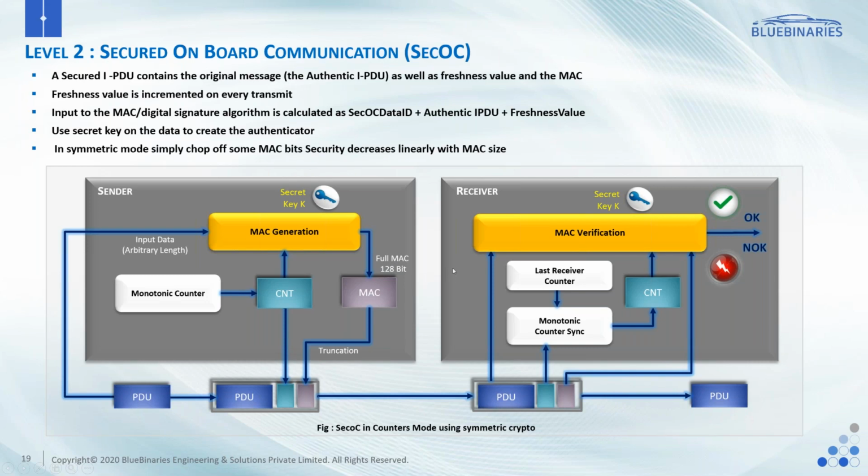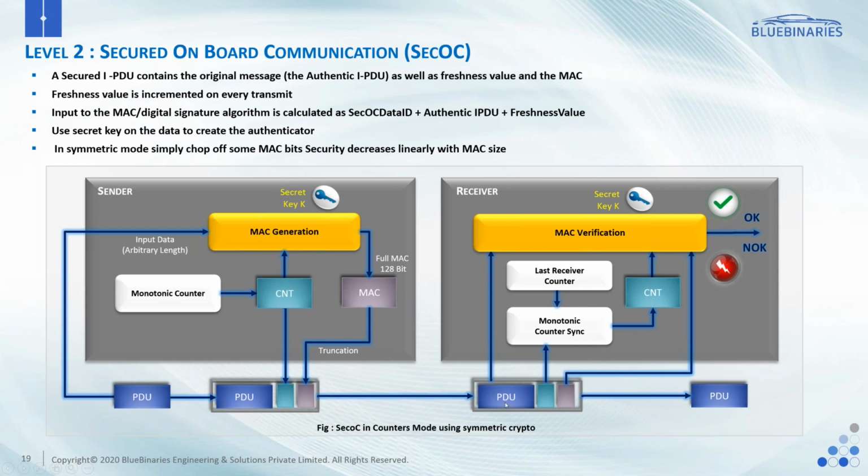So the receiver first generates a freshness value, sends that freshness value to the sender. The sender would use this freshness value for the MAC calculation and freshness counter calculation, and then along with the payload, it will insert the truncated MAC and the freshness value, and send it back to the receiver who is supposed to receive the authenticated payload.